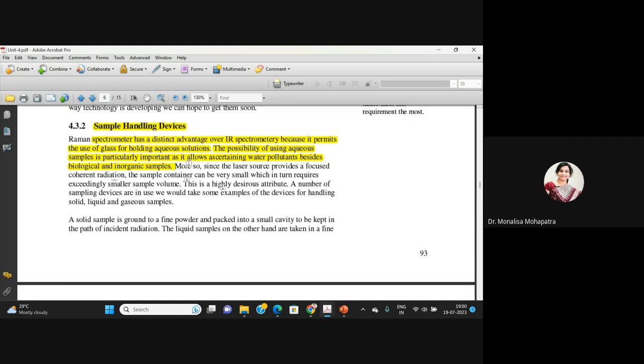So this Raman thing is good enough to study the water pollutants also. Even these Raman scattering peaks you can get in the fluorescence spectrophotometer also, that is the emission spectrophotometer. You can also get a Raman scattering peak over there.